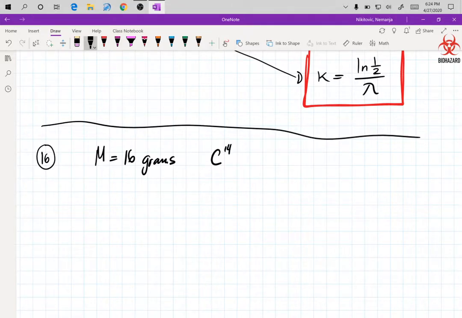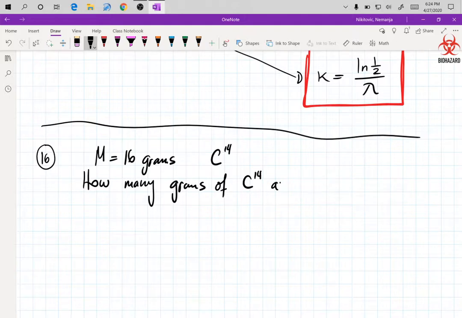And we have, how many grams of carbon C14 are left 11,430 years later. Put the word years.